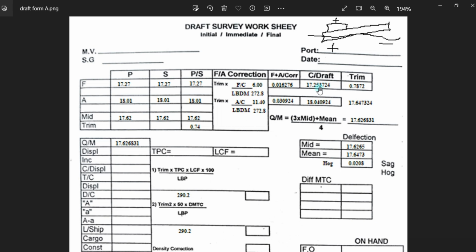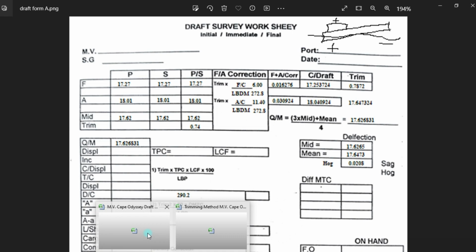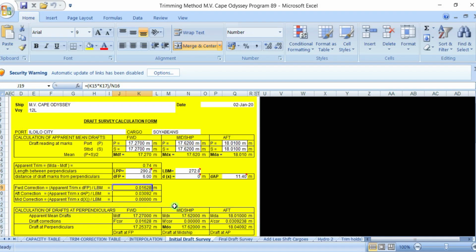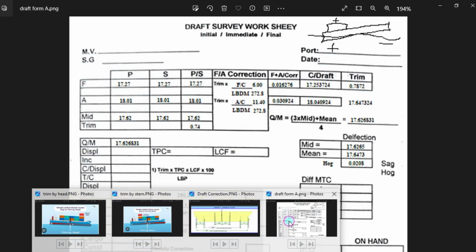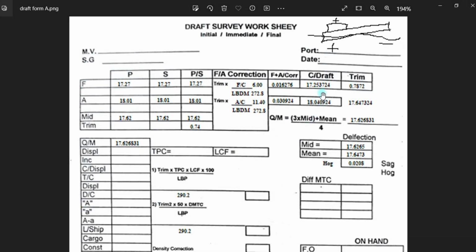Corrected drop forward will be 17.25372. Okay, your up correction, corrected up drop will be 18.040924.